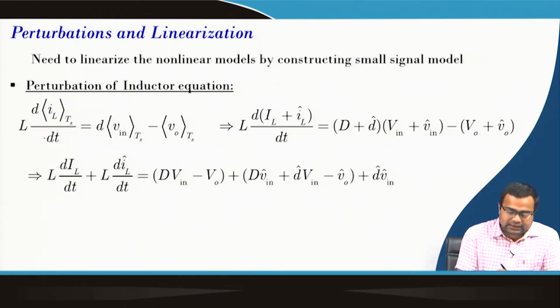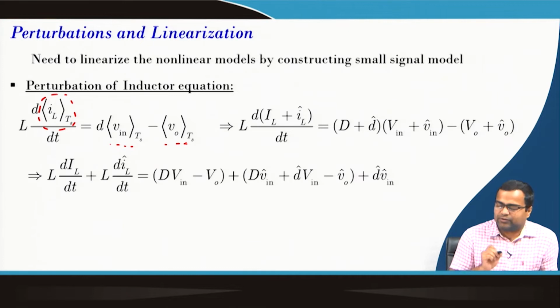Here the derivative of the average inductor current is nothing but d times the average input voltage minus the average output voltage.